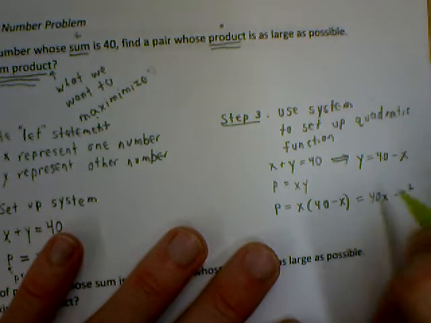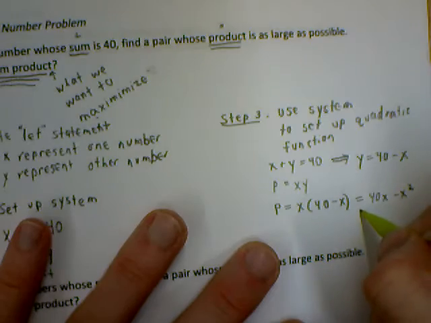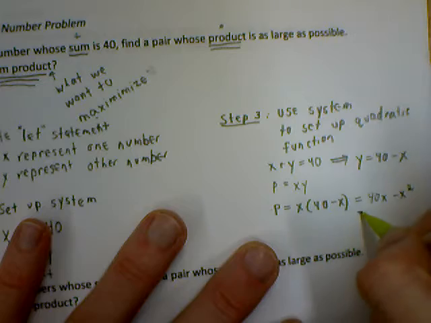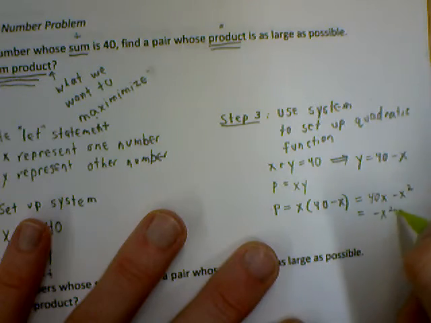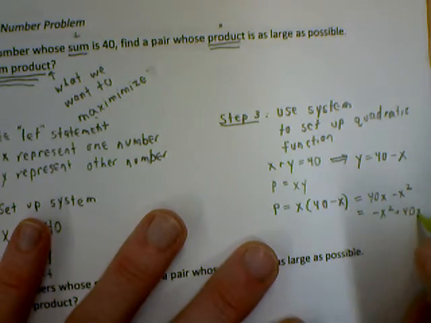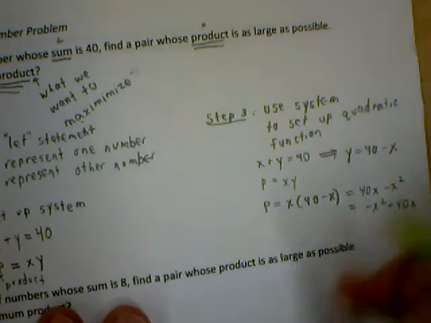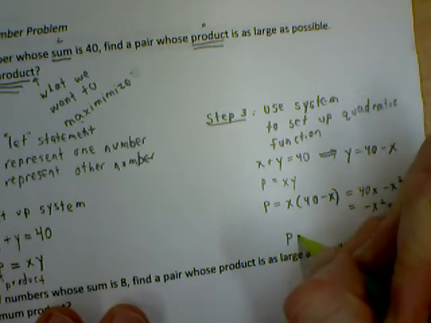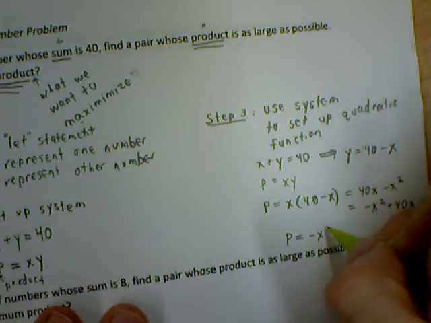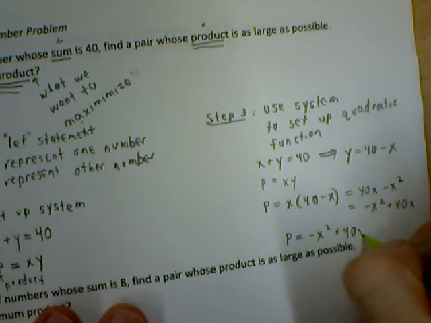Then I'm going to rewrite this in standard form: negative x squared plus 40x. So now I know that p, my product, is equal to negative x squared plus 40x.